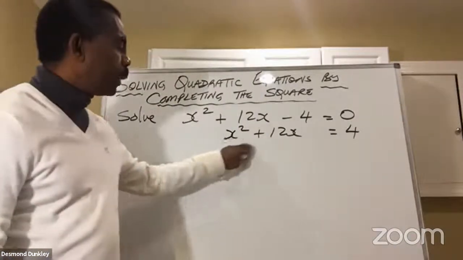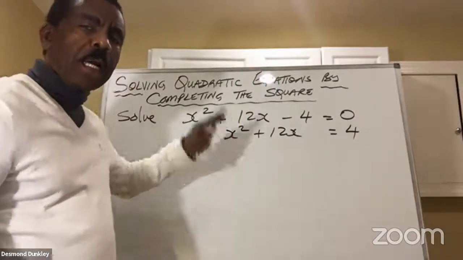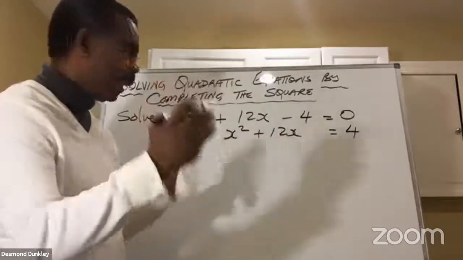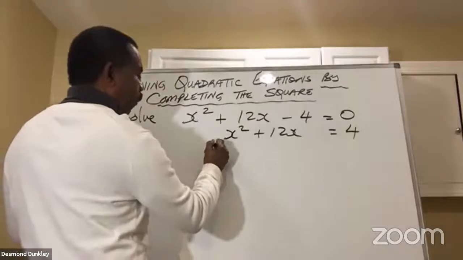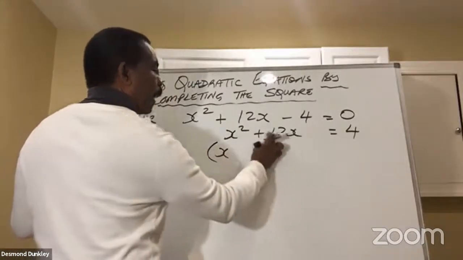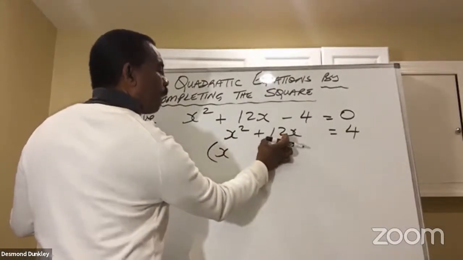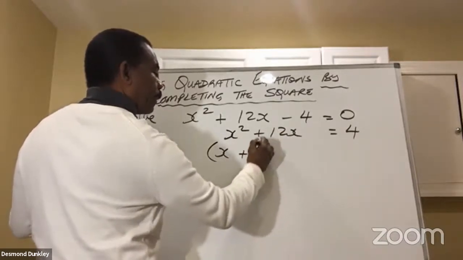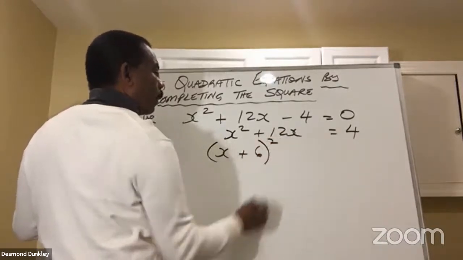And now we're ready to complete the square, and your focus is only on the left side. So we know we end up with x, positive 12. You halve this, you divide this by 2, you get positive 6 squared.